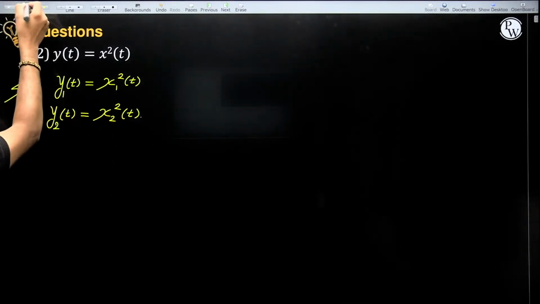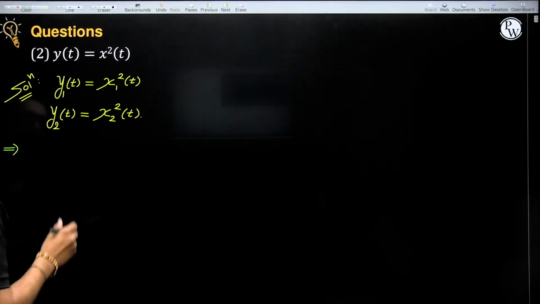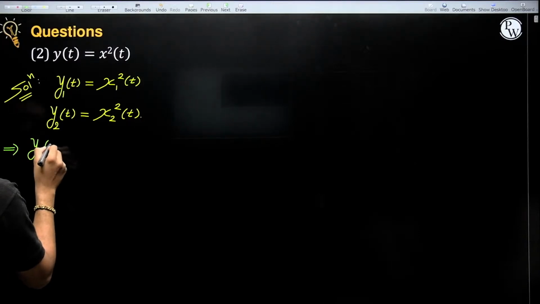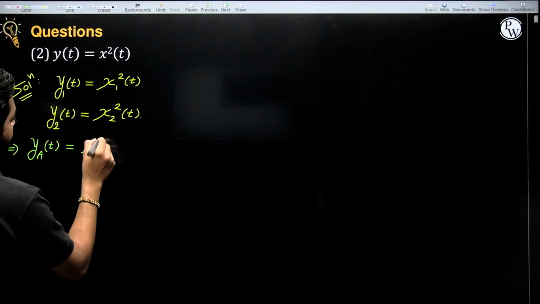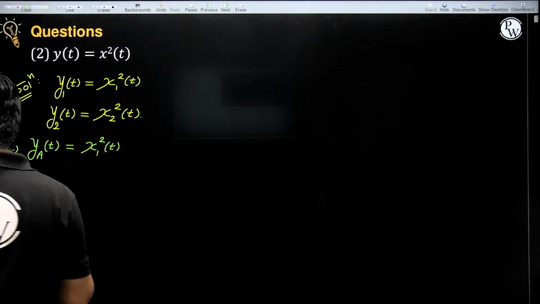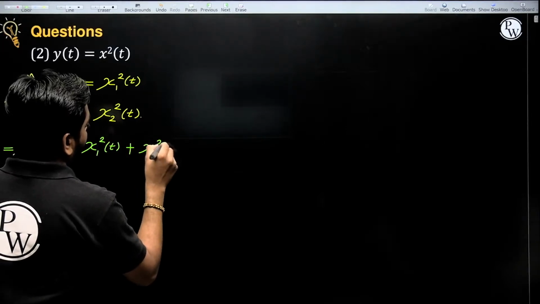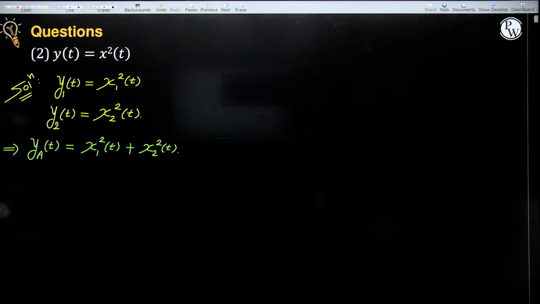Now find the sum of individual responses, y1 plus y2, nothing but x1 square of t plus x2 square of t, correct? This is the sum of individual responses.